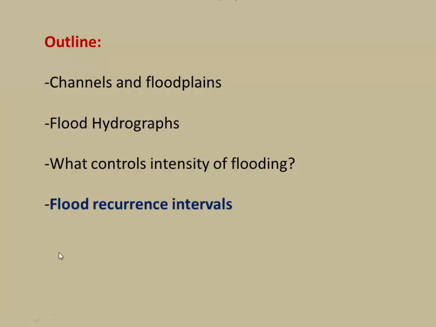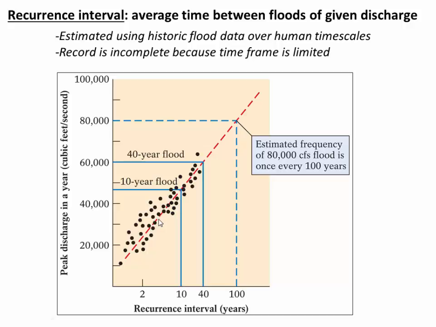So I just want to wind up this lecture with the idea of flood recurrence intervals. So what is a flood recurrence interval? Well, it's the average time between floods of a given discharge. So what does that mean? That means that if you have a certain discharge, let's say 47,000 cubic feet per second, for that given discharge, on average, it occurs every 10 years.